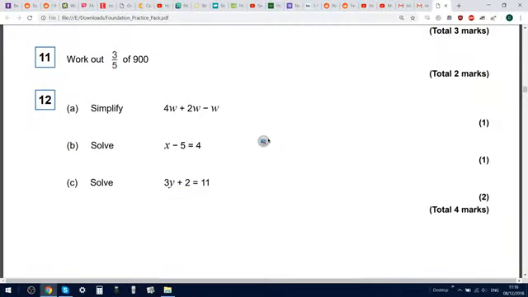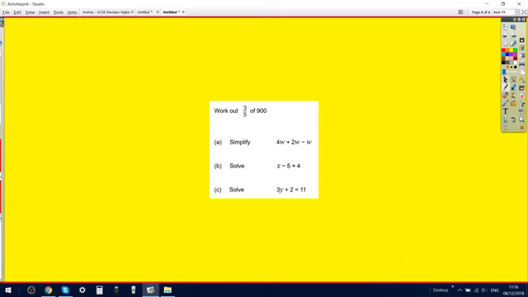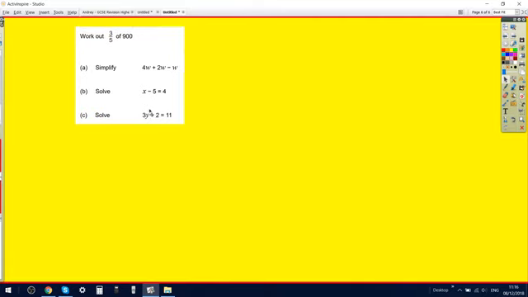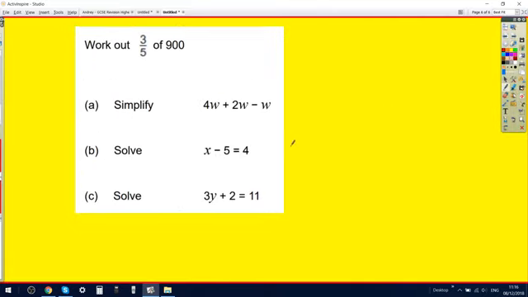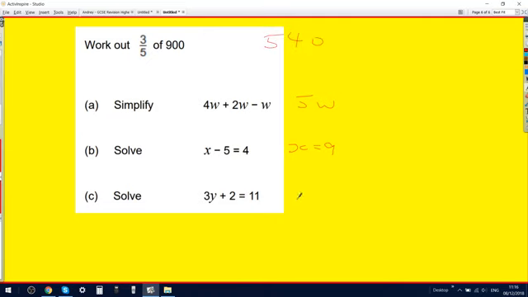Yeah. And then X would equal 9. Yeah. And then Y would equal 3. And Y equals 3. Yeah.